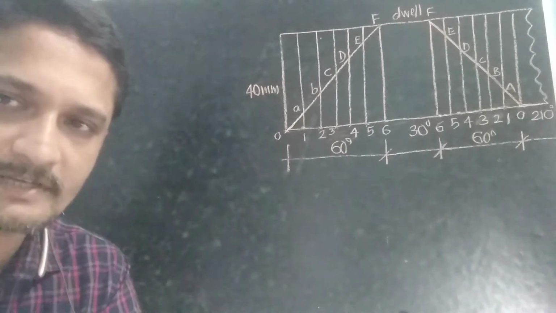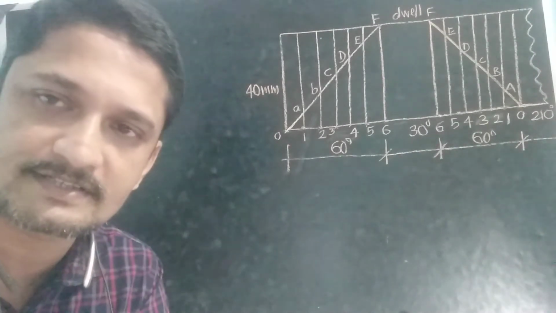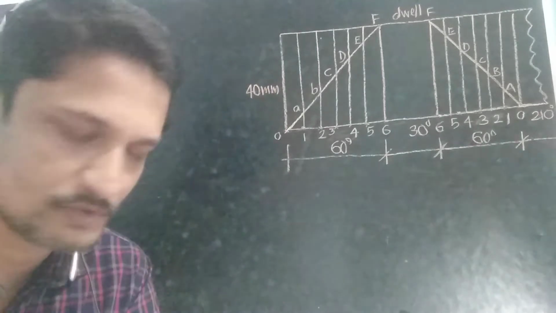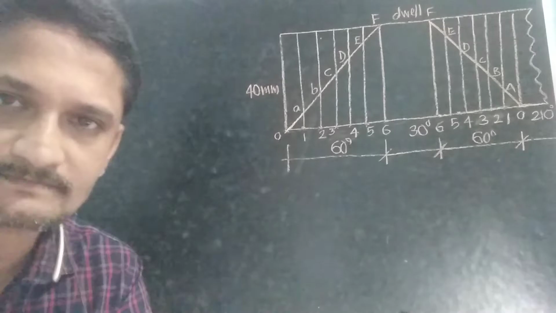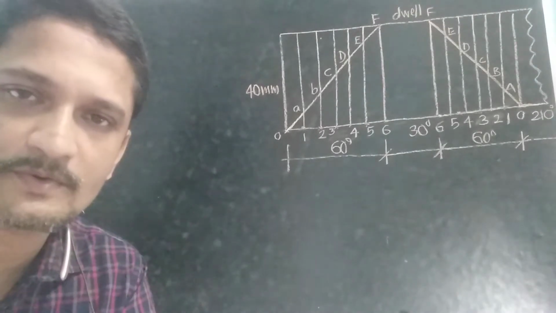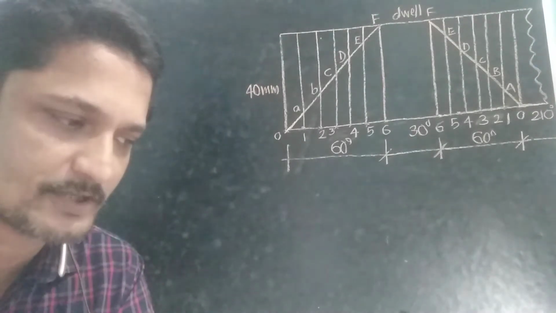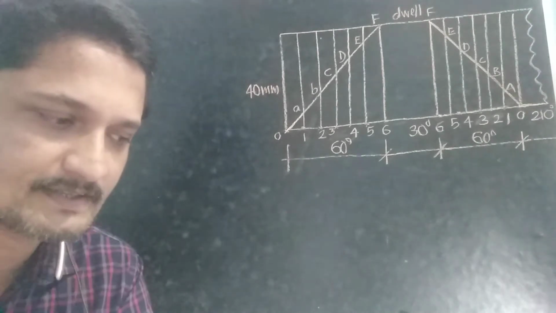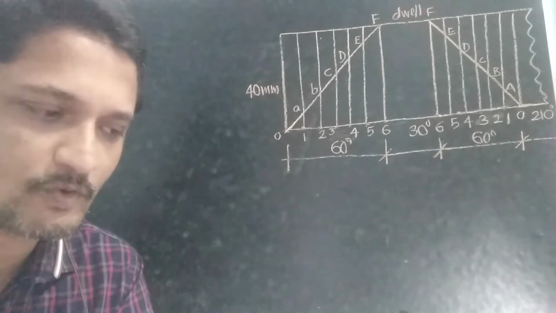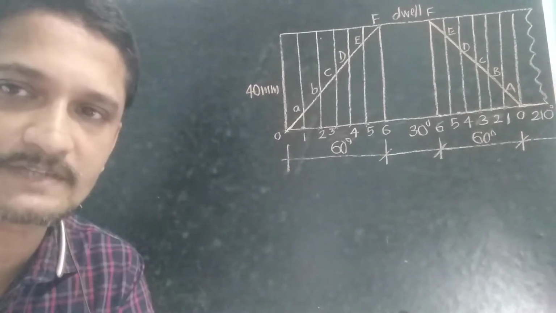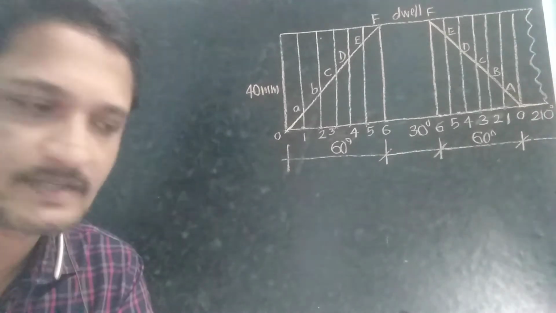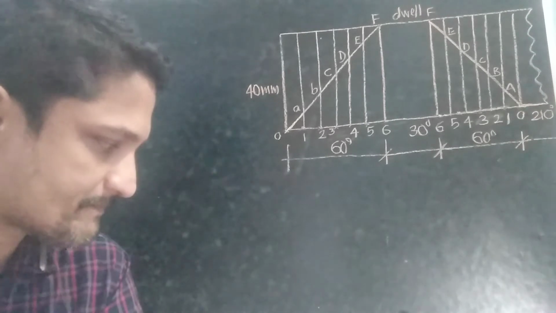In the previous video we already discussed the first part of the question, and in this video we will discuss the second part. Here the axis of the follower is offset by 20 mm from the axis of the camshaft.